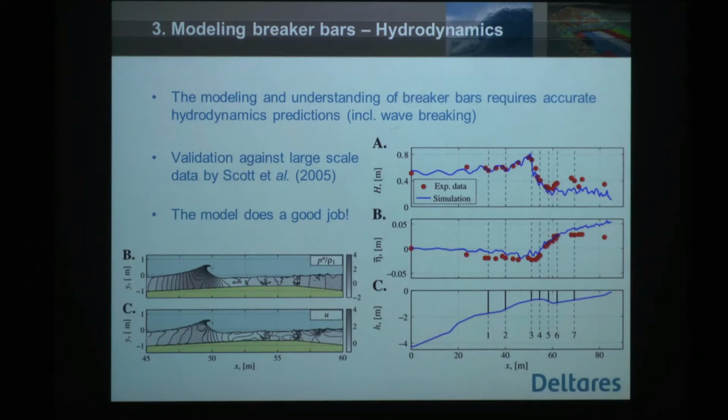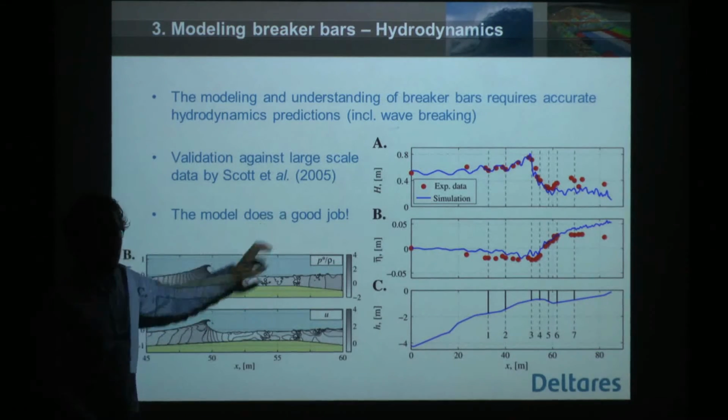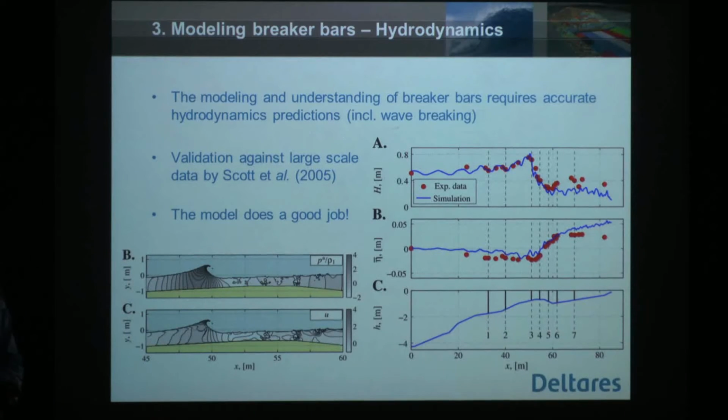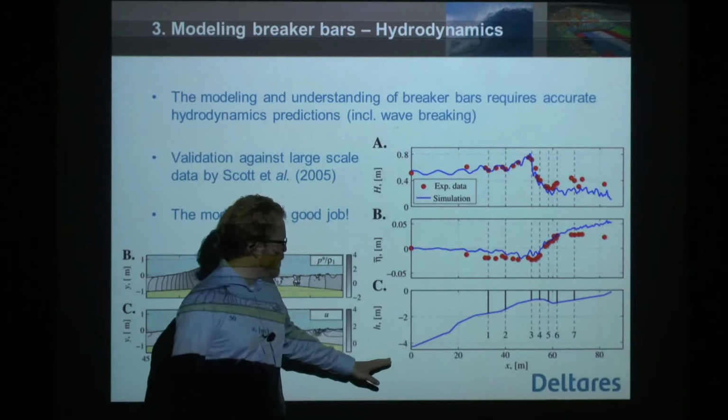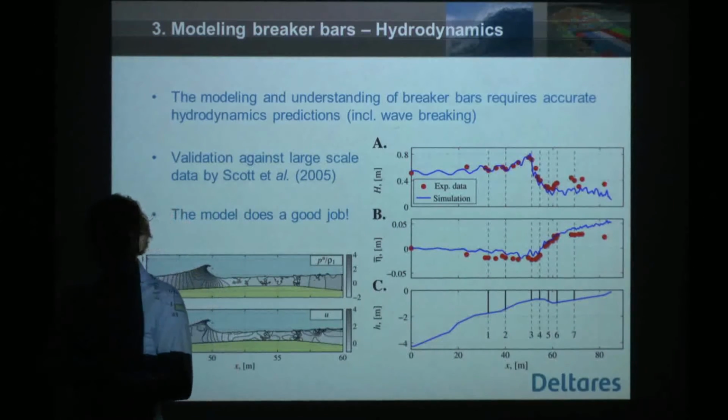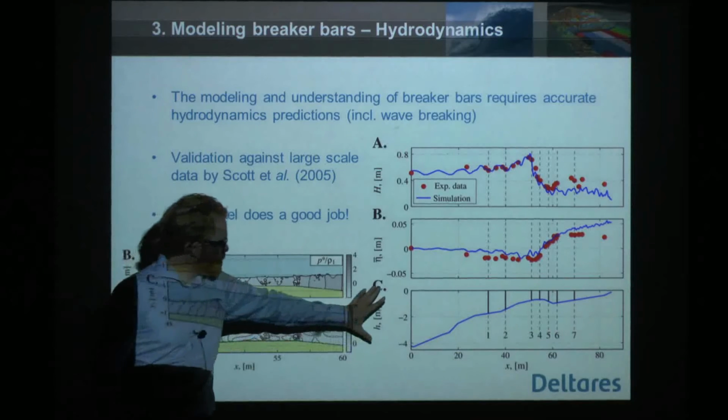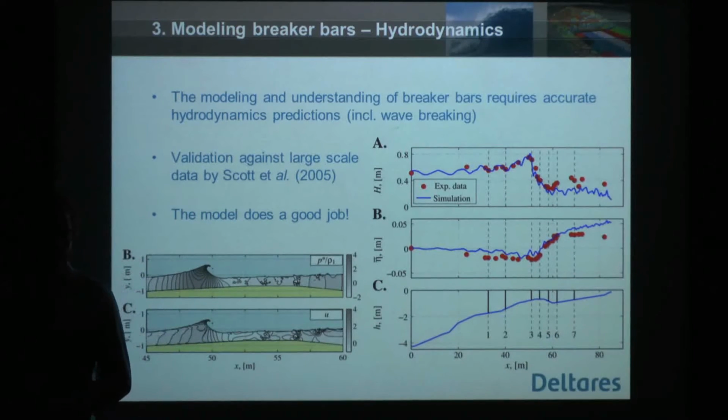But if we want to say coastal morphodynamics, we also need to say breaking waves. Breaking waves are quite difficult to describe in the process. So we did a validation exercise against laboratory data by Scott et al., from somewhere in the US, I can't remember where. And we have here a fixed breaker bar profile. So waves in the laboratory will have been generated here at 4 meter water depth.